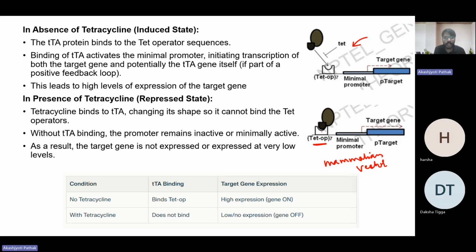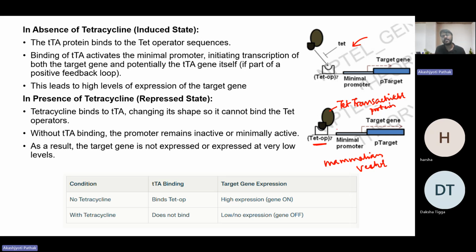So at this TET operator, you see, this is the tetracycline transactivator protein. When this tetracycline transactivator protein is acted upon by tetracycline, only then it can bind to the tetracycline operator.